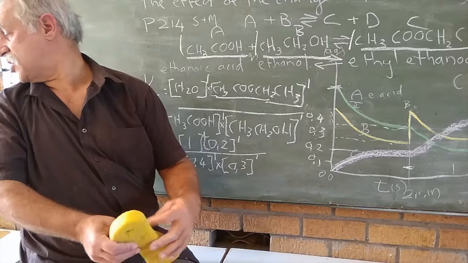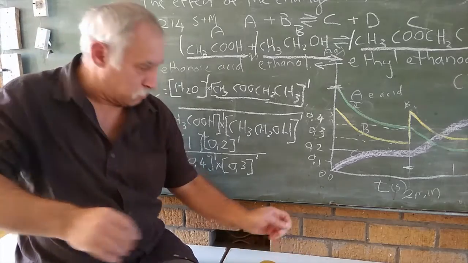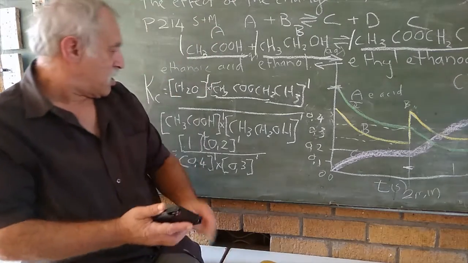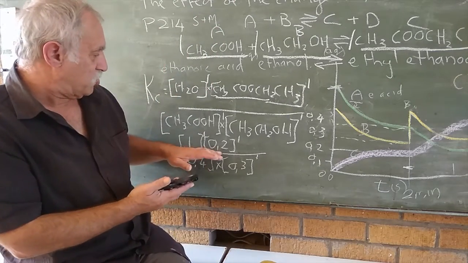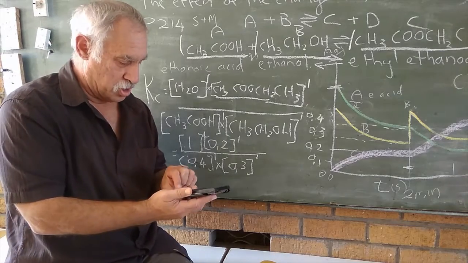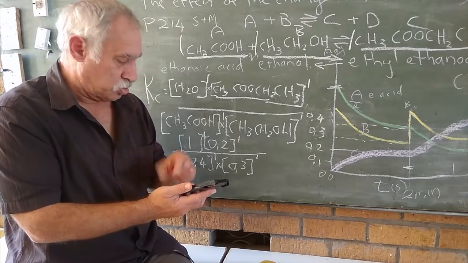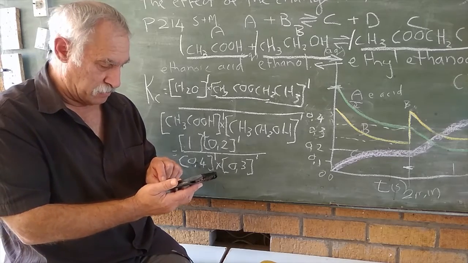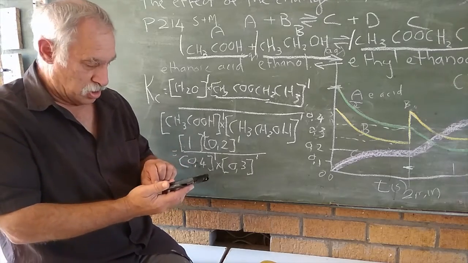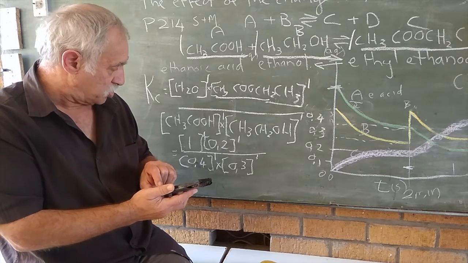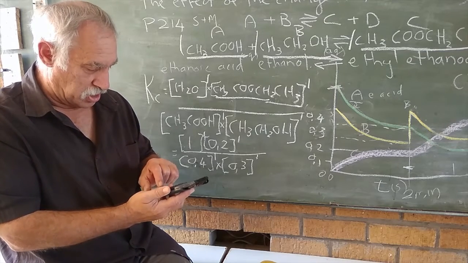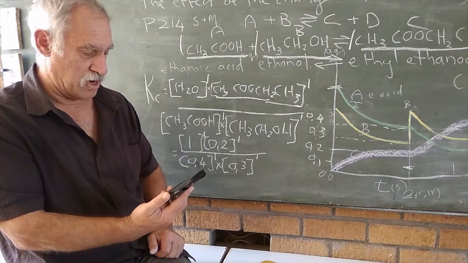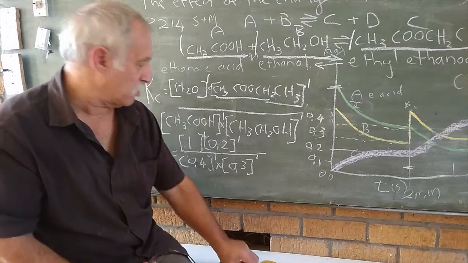Right, let's get our calculator and type in the values. So what have we got? 0.2 raised to the power 1 is just 0.2, divided by, open brackets, 0.4 times 0.3, close brackets, and our answer comes to 1.67.